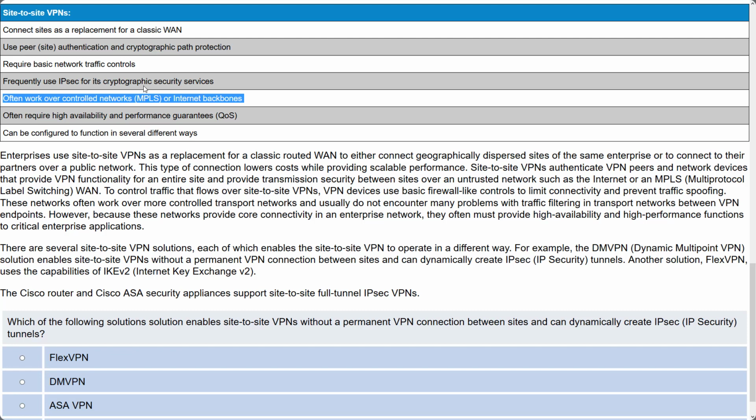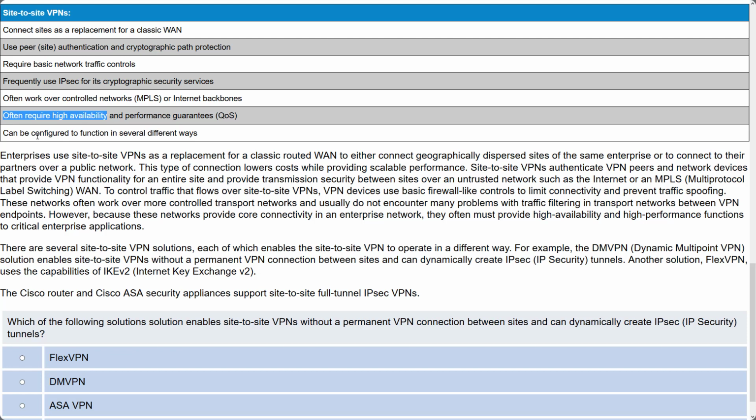All right. Certainly we want to always consider high availability, right? When we talk about security in general, we always talk about the CIA triad, the confidentiality, integrity, and availability triad. Certainly confidentiality, integrity, those are going to be taken care of by the individual protocols within ESP or authentication.